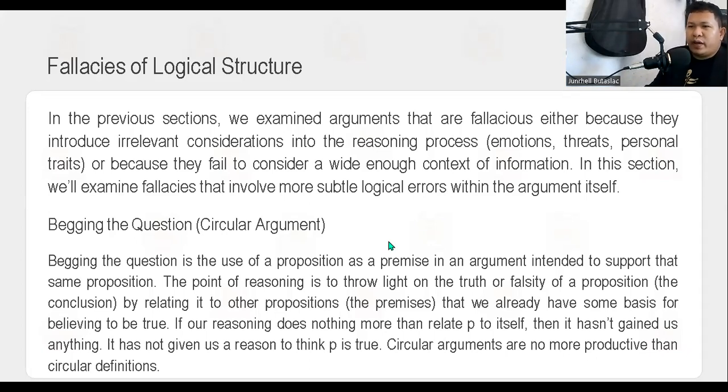So it occurs when a word expresses one concept in one premise and another concept in another premise or in the conclusion. Consider the following argument.